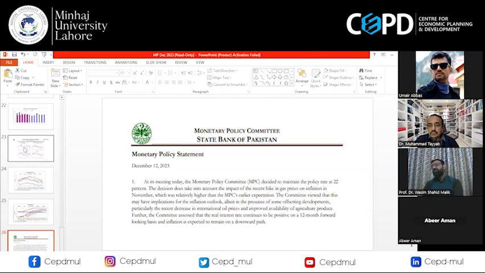Yeah, of course. Monetary policy decisions are based on many factors, although the prime factor is the inflation rate, no doubt. But the monetary policy committee does consider other indicators or economic variables as well, and the most important of these is the exchange rate. The reason for the higher interest rate in the last year was basically high inflation as well as currency depreciation.